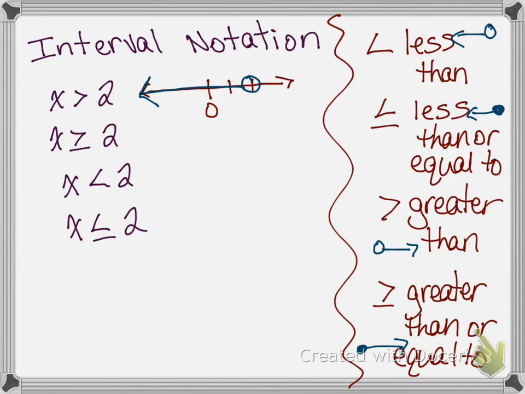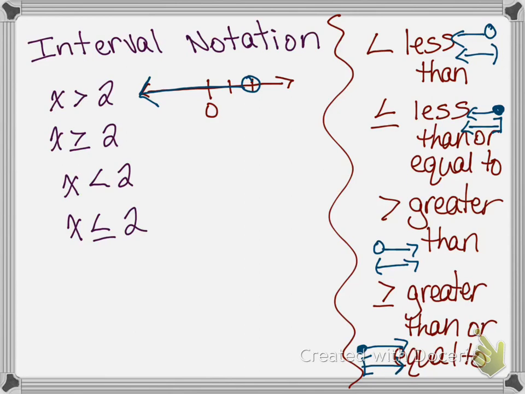So instead of those open and closed dots, you are going to use parentheses and brackets. A parenthesis means the same thing as an open dot, and a bracket means the same thing as a closed dot.